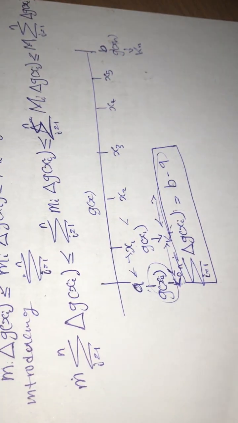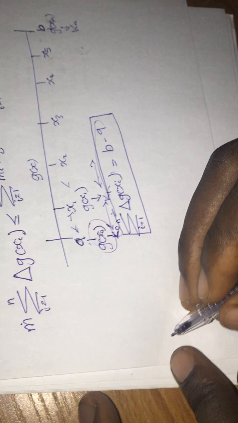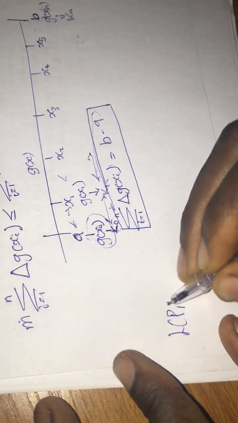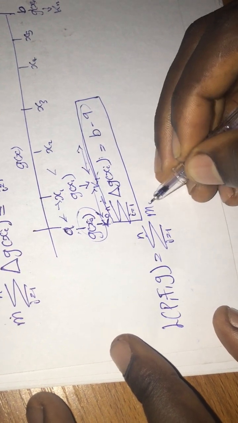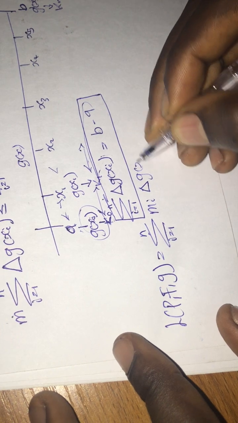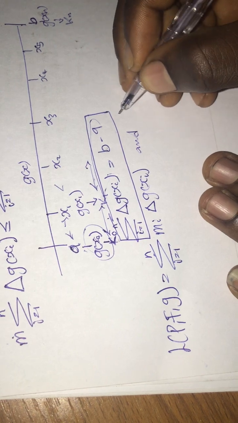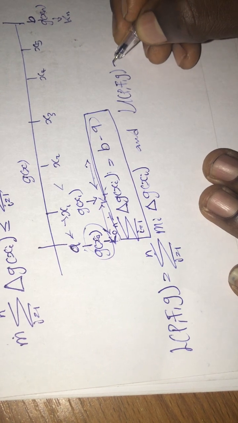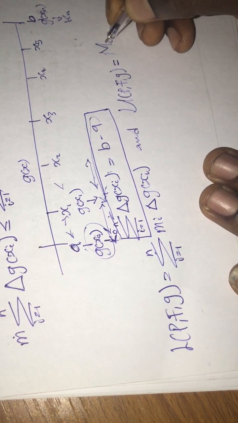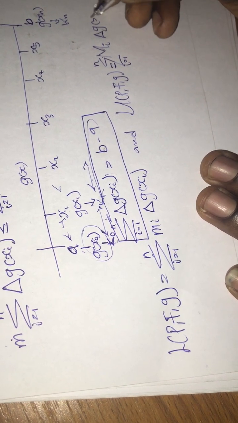Now this, from our definition, is the lower Riemann-Stieltjes sum. So we know that L(P,f,g) is equals to summation i equals 1 to n m_i delta g(x_i). Also, and lastly we have U(P,f,g) to be equals to summation i equals 1 to n M_i delta g(x_i), right?